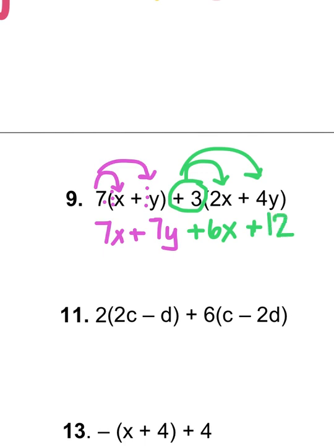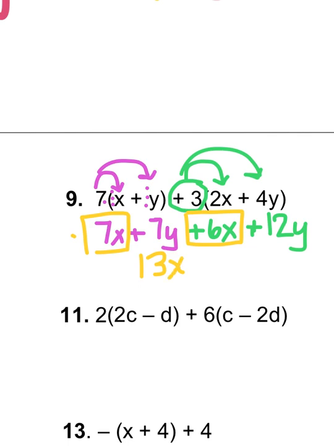Now what? Well, we have to look for our like terms. So we see a 7x here. It's positive because look at in front of the 7x. This is a positive 6x. The signs are the same, so we add and keep the sign. That would be 13x.